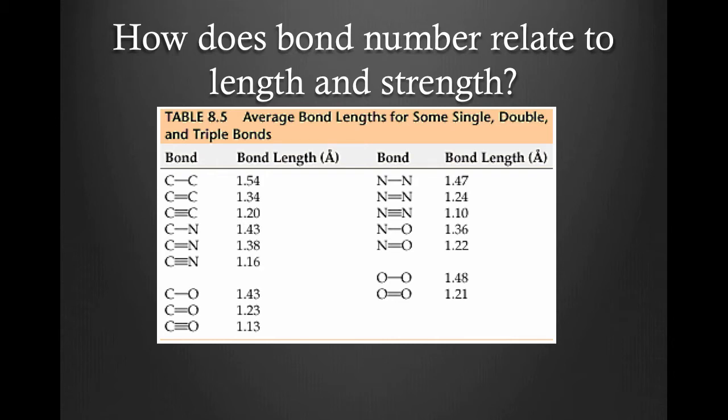All right, so what does this bond length have to do with multiple bonds? Well, if you think about it, multiple bonds have more electrons that are shared, and that makes that part more negative. And so more negative means that there's going to be a greater force of attraction. And so we see that the carbon-carbon triple bond, in the upper left-hand corner, is shorter.